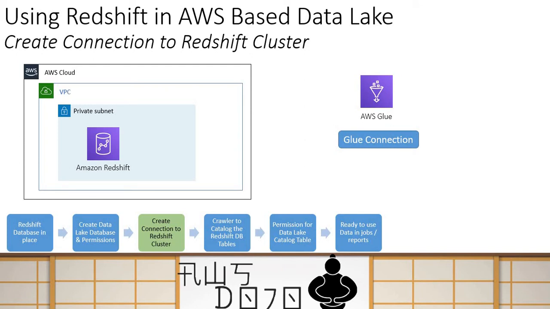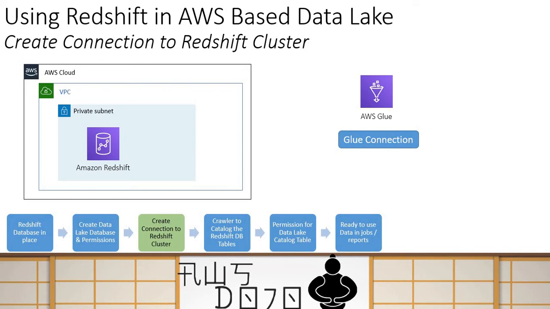In the Glue connection, you tell it this is the Redshift cluster I want to connect to. You give the connection string to the Redshift cluster, provide the login name and password, select which VPC and which subnet this Redshift is in, and mention the security group we configured for Redshift, which you're going to use. Those things you provide as configuration for the Glue connection.